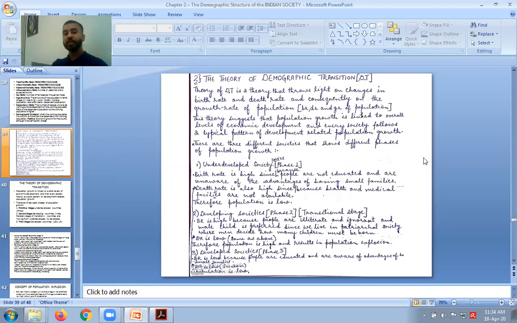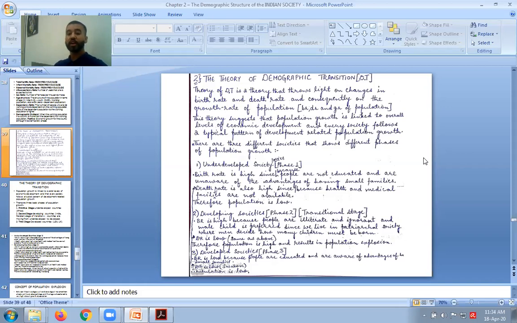Now, what does it mean? It means that this theory is actually linked to overall levels of economic development. Look, the socio-economic level of a society is definitely going to play its role a lot.